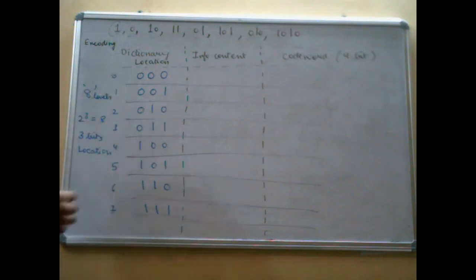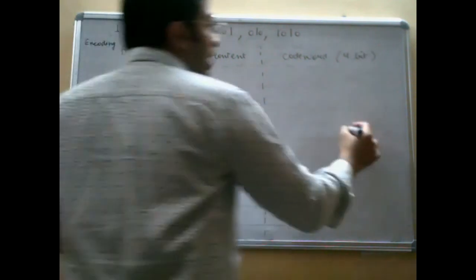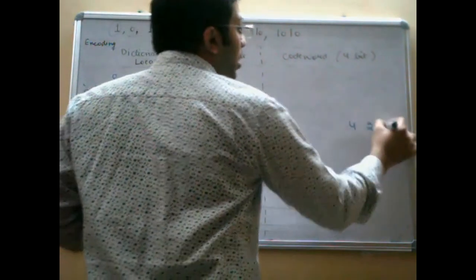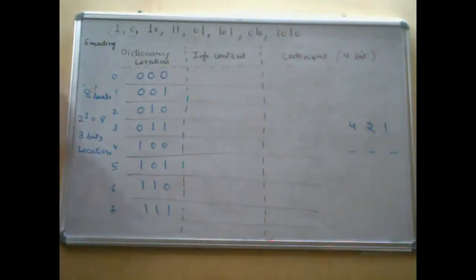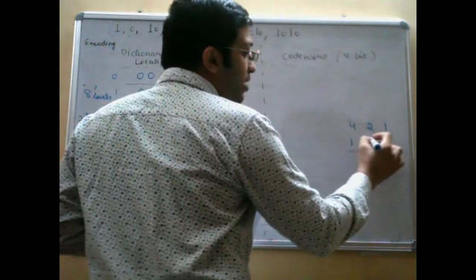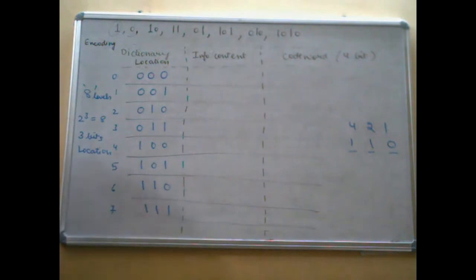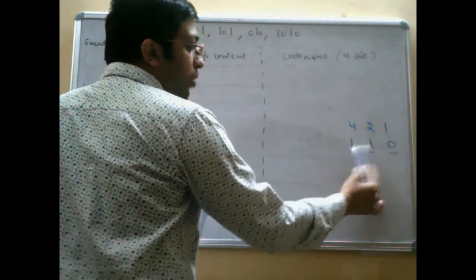The simple rule that is followed is the 4 to 1 rule. If you have any number, 3 positions are there. Suppose I ask you to write the value 6. 6 will be 4 plus 2. So 4 is there, 2 is there, 1 is not required, so you put 0. The weight which is not required, you put 0. The weight which is required, you put 1.